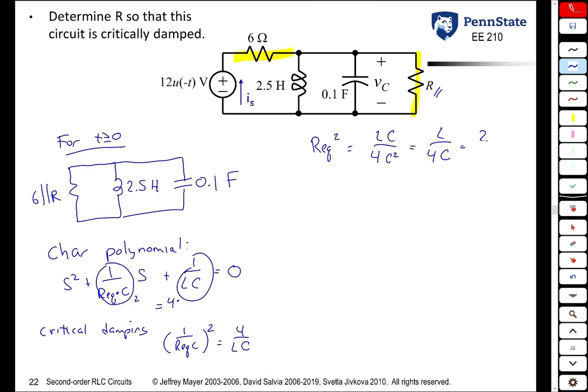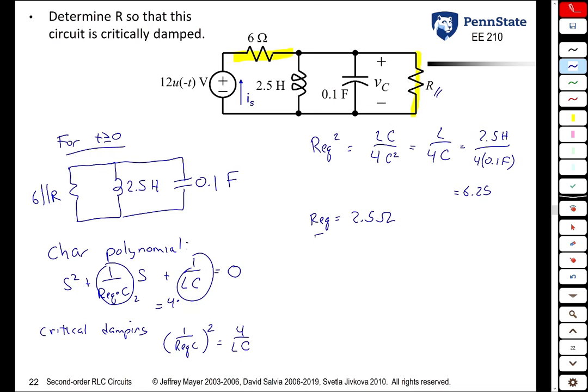We know the value of L. We know the value of C. You get 6.25. So R equivalent is the square root of that. It's 2.5. Units is ohms.